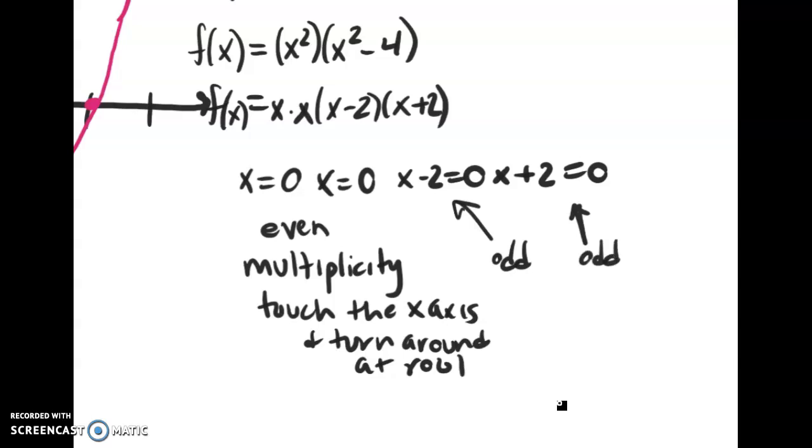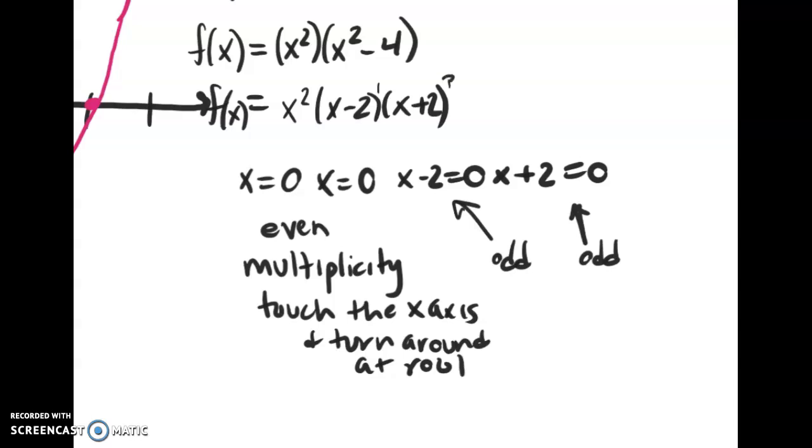So, for example, right now these have odd multiplicities, and this one, as we saw before, had x squared, meaning it had an even multiplicity.